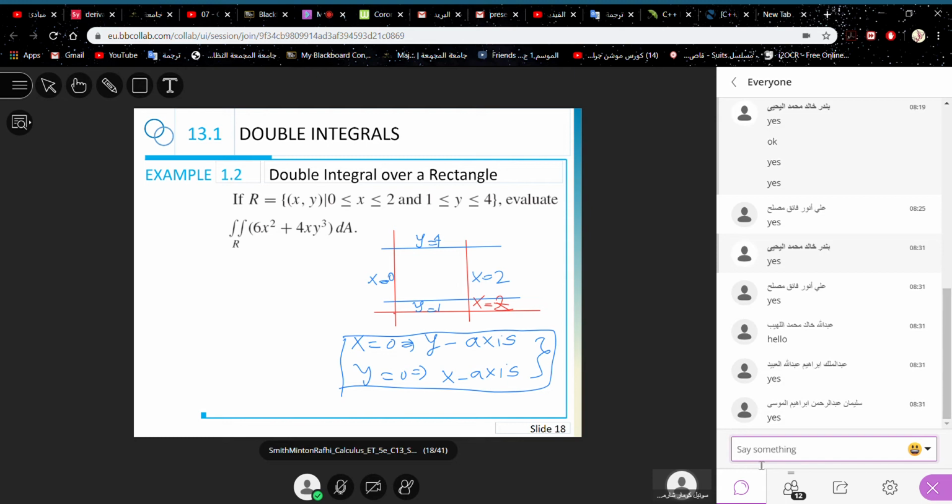So this is the R. Which region is R? This is R. This one. This is R. Okay.